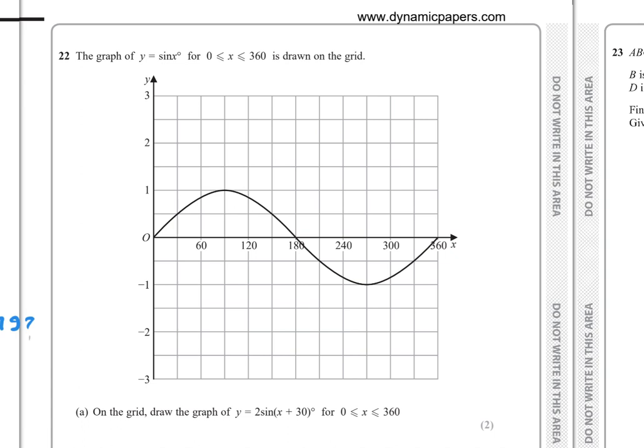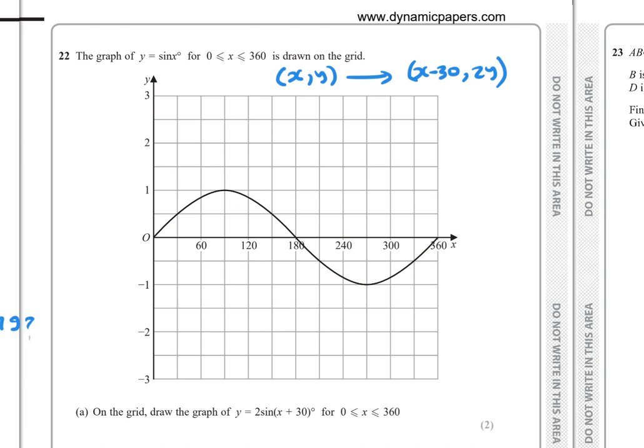So now if we have a point (x, y), because we have a vertical stretch scale factor 2, y will be 2y, and because we have a translation 30 to the left, x will be x minus 30.